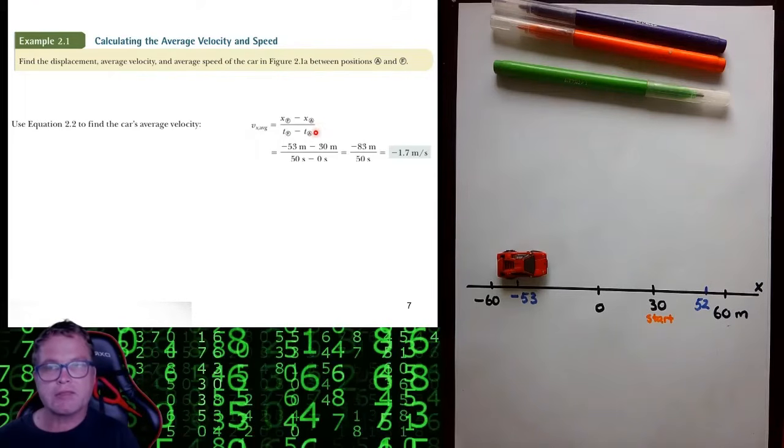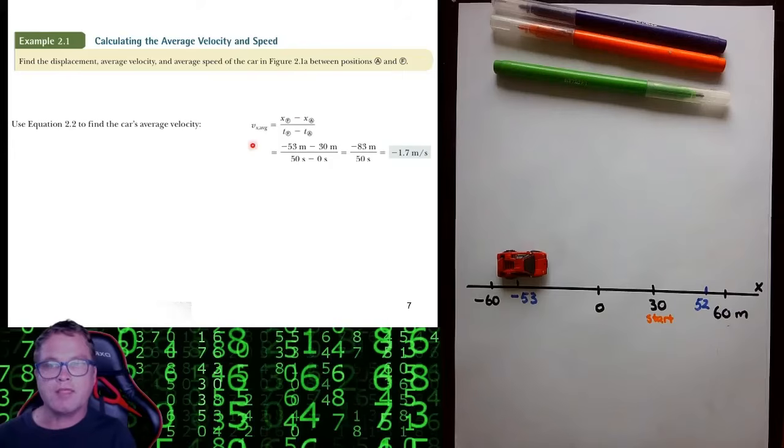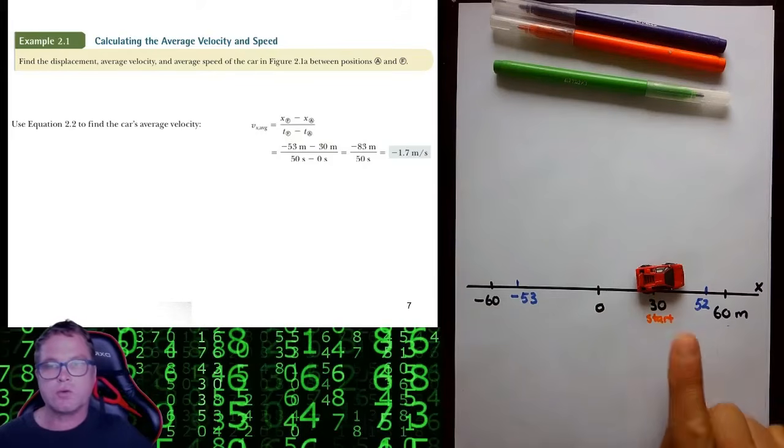So calculating the car's displacement, we remember, we are only interested in the final position and the initial position. For us, the final position, x at F, was minus 53, where the car finds itself at the end. Then we have to subtract from that the initial position. Well, the car started over here. Its initial x coordinate was 30. So this is where this 30 comes from.